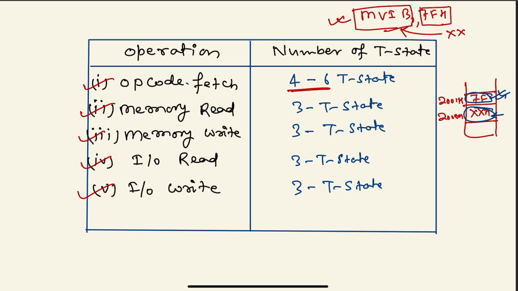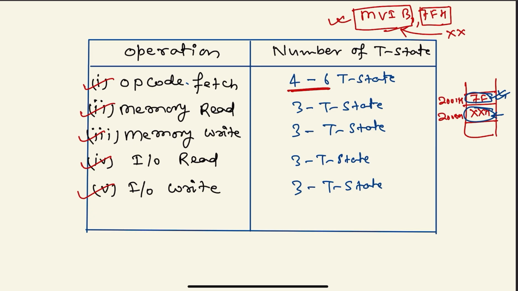So here we have seen there are only two values in this table. One is for opcode fetch operation, which is more frequent: some instructions require only 4 T states, and some instructions require 6 T states, which we will learn further.